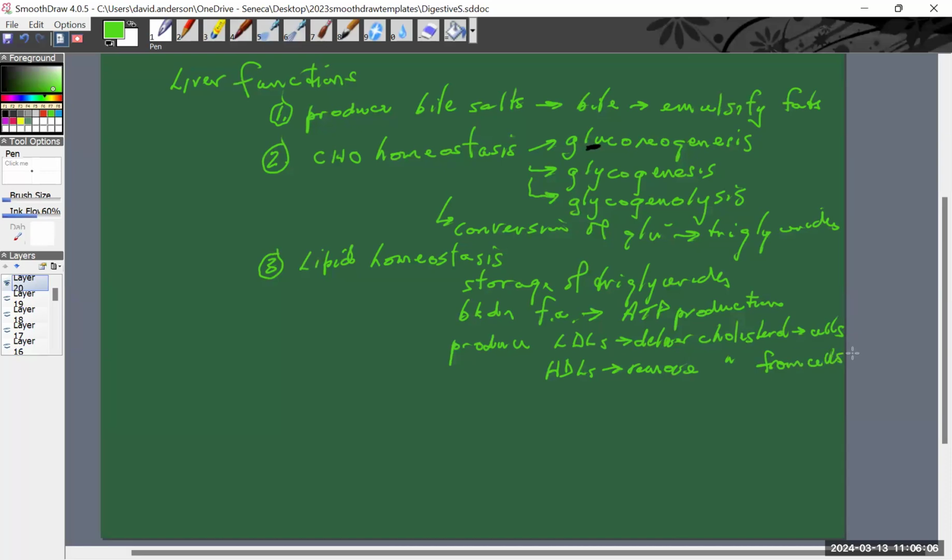And the idea is that we're delivering the cholesterol that was produced in the liver to the cells, and we're picking up the cholesterol from the cells and bringing it back to the liver for either breakdown or reuse in the liver. So that's some of what's going on there, and we actually produce cholesterol.